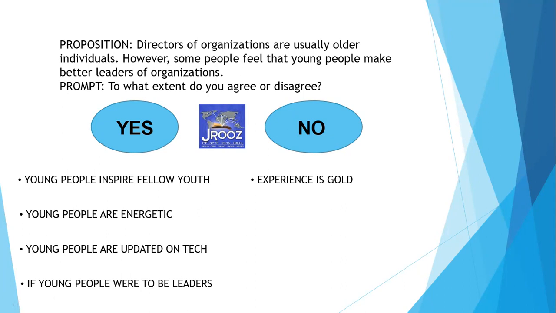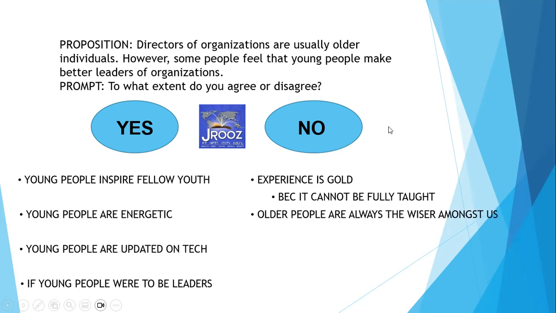The older individuals are experienced, and then the rationalization answering the question why: because experience cannot be fully taught. And then older people are always the wiser amongst us. And then this one should answer the question, what do you mean? In other words, the elaboration. So the elaborating statement is they have fewer errors and they have less insecurity.